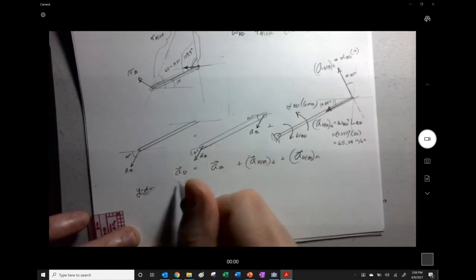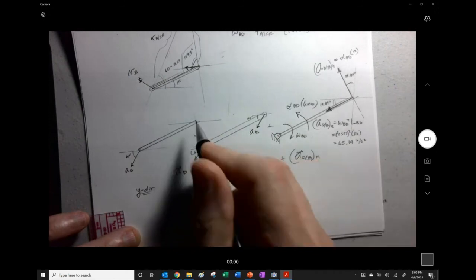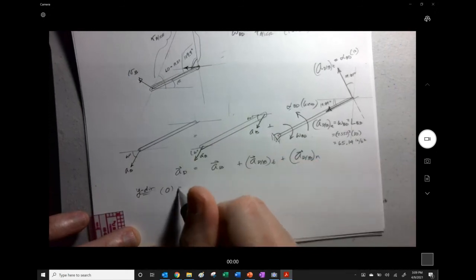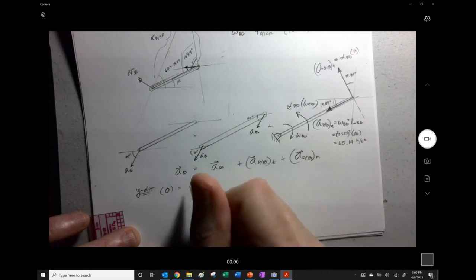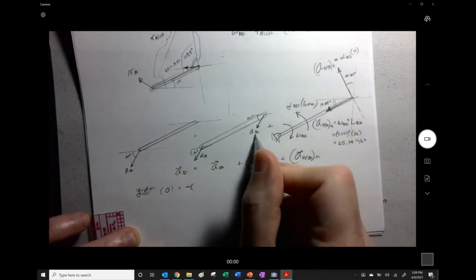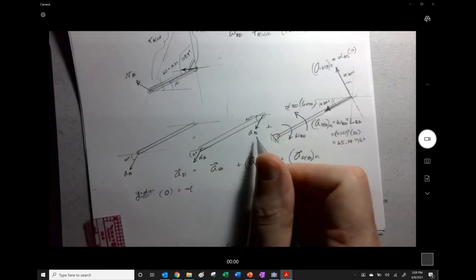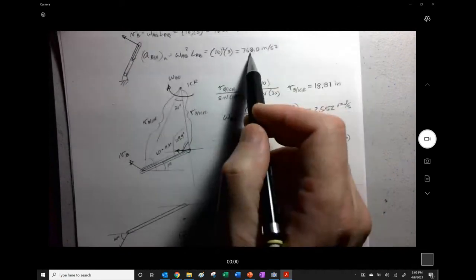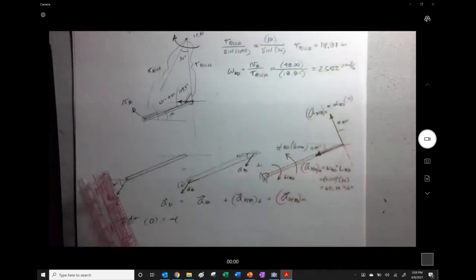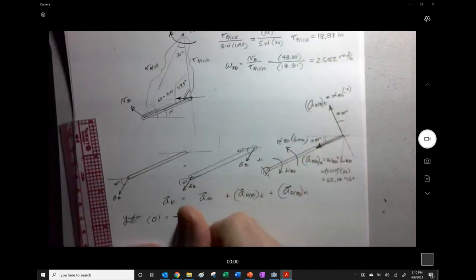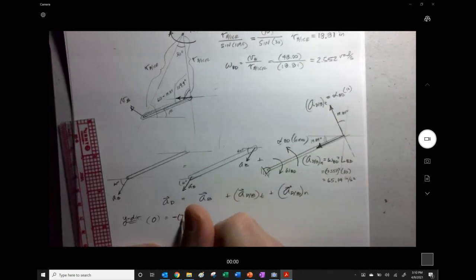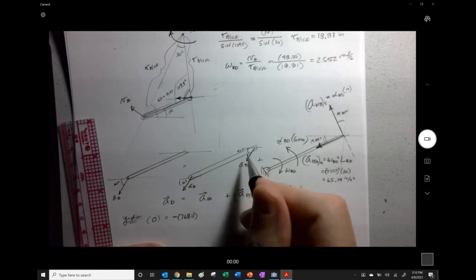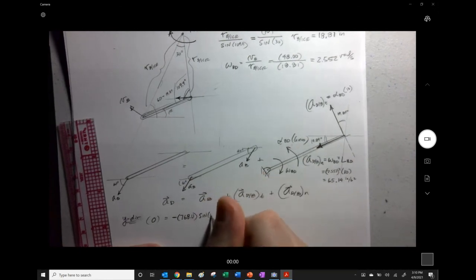So right here we say, using this equation for that spot right there, 0 is equal to, now we have, this is going to be negative, and this value we previously found to be 768, I got that backwards, and that's going to be the sine of 60 degrees.